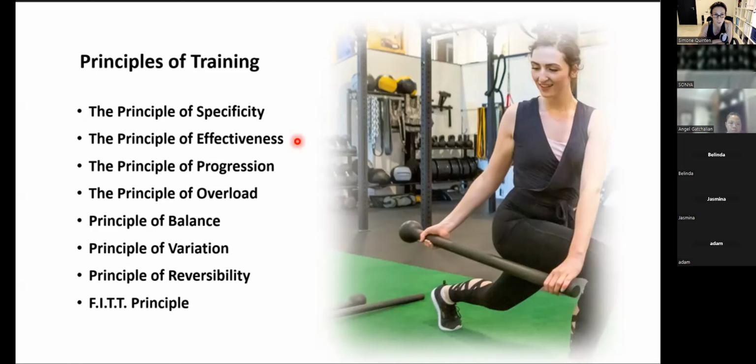Another example: if someone wants to build upper body strength, it would be more effective to let them do resistance training for the chest, for example a bench press rather than a normal grip push-up.